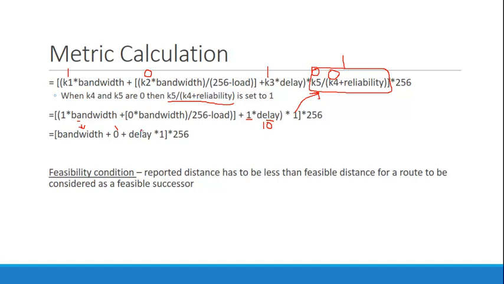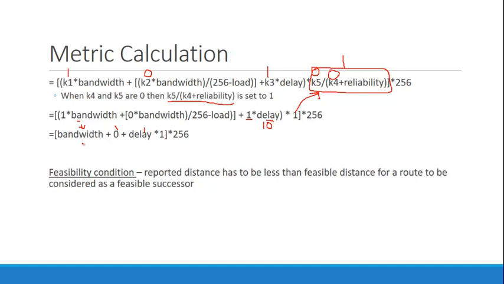That's why I put delay there, times 1, times 256. So by default, when we leave all the K values and weightings alone, the metric for EIGRP ends up being bandwidth plus delay.